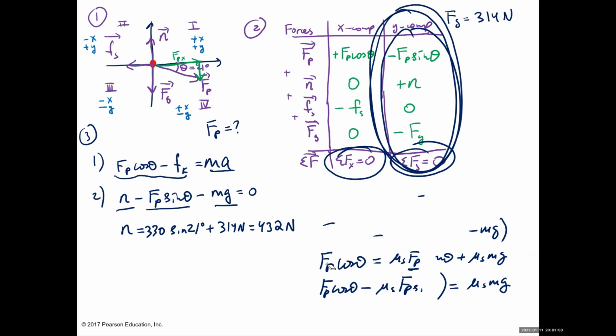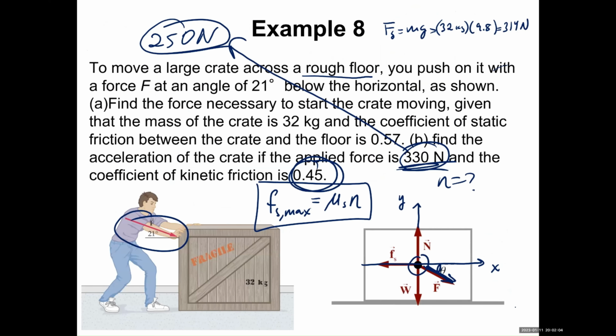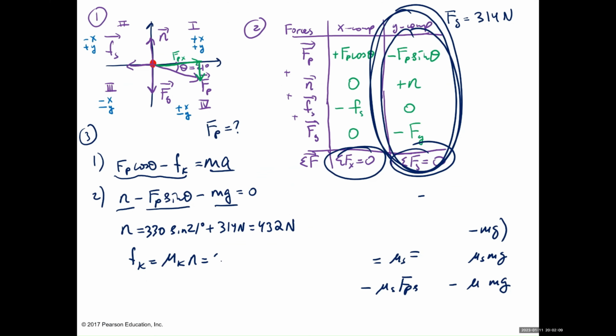If I have that normal force, I can then calculate the kinetic friction, because kinetic friction equals the coefficient of kinetic friction times the normal force. The kinetic friction coefficient was 0.45. That means this is 0.45 times 432 Newtons.